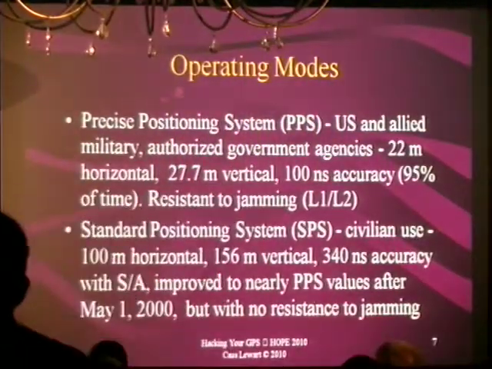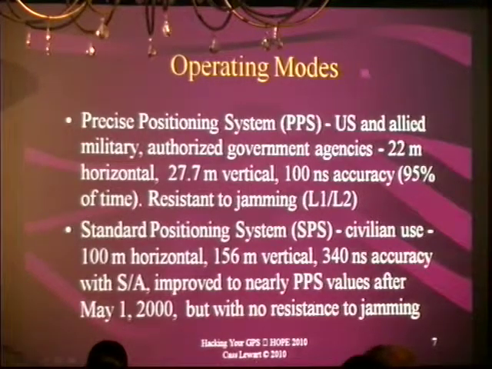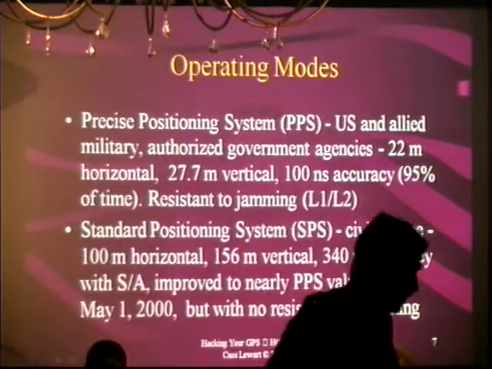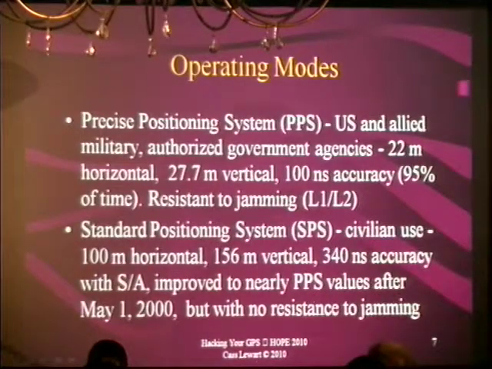Now, these are the main operating modes of the GPS. There's a precise mode used by the Department of Defense and some federal agencies. It's also quite resistant to jamming. The civilian mode used to be very inaccurate. They put sort of a fudge factor, so it's called selective availability.